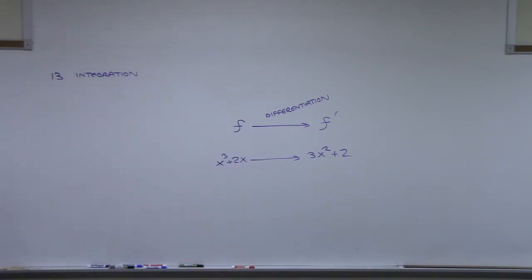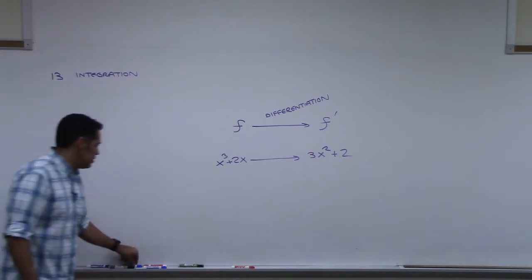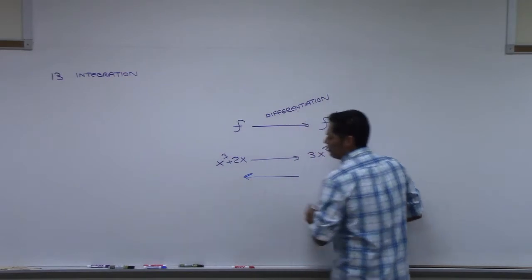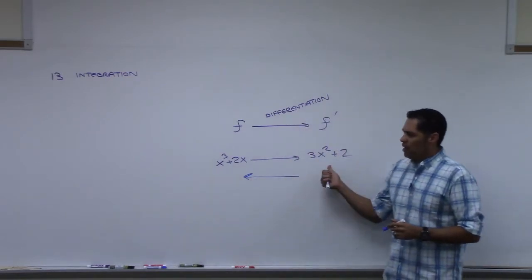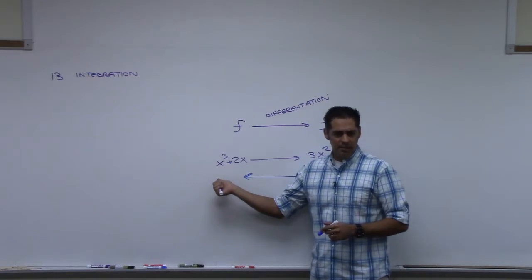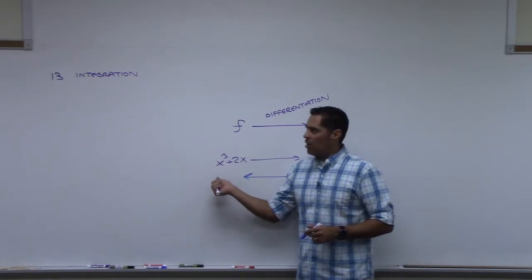Now we are going to study another process, which is called integration. And integration is actually the backwards process. It's the process that takes you from a function backwards to this. Does that make sense? Okay, that's called integration.